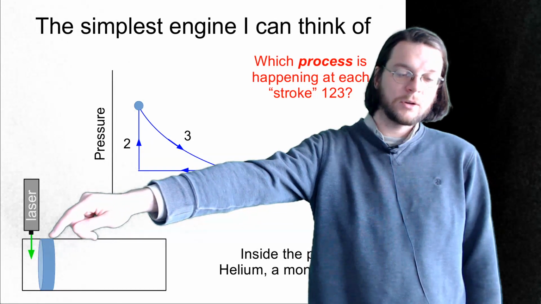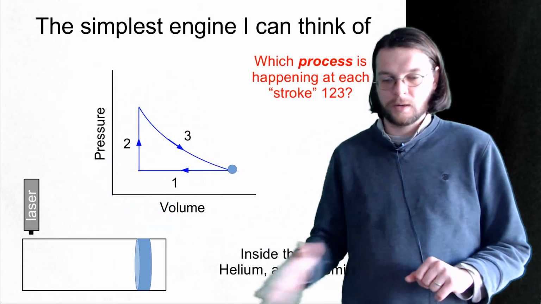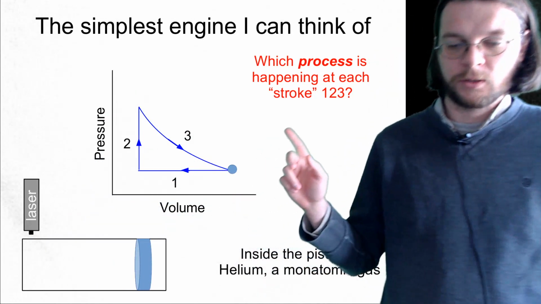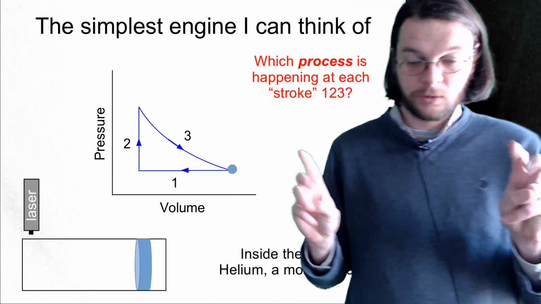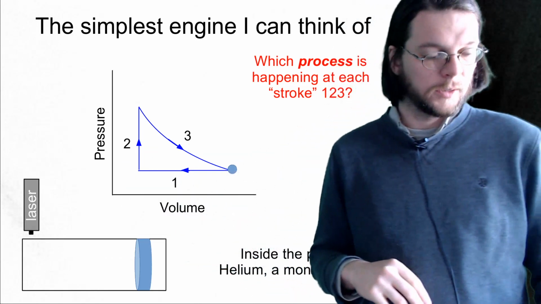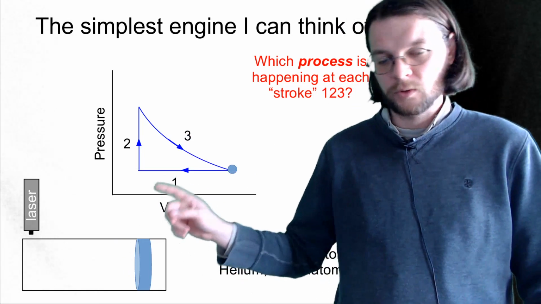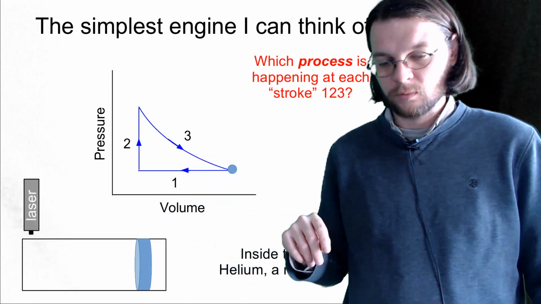Then we're going to turn the laser off, and we're going to let go of that pin, and it's going to expand out like so. The first question is, which process is happening at each of these 3 strokes of this engine? Or you could say each of these 3 phases or steps or whatever you want to call it.